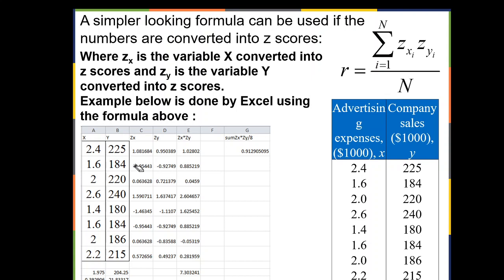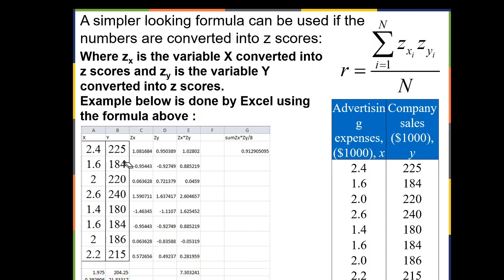These are the z-scores for x, and these are the z-scores for y. If you multiply them, you get these, and if you add all of these, you get the sum of them. Then divide by the total number of data points that we have, and we get r. And that's the r that we found with the calculator.